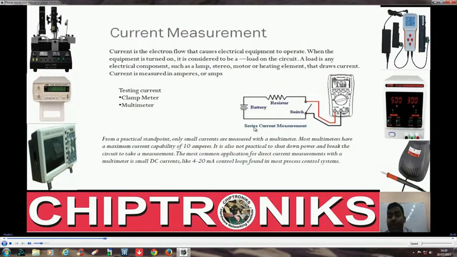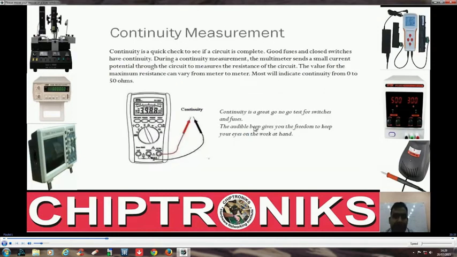In that case we use an oscilloscope. We use an oscilloscope to test the various signals, and I will have an extra class on how to use an oscilloscope, and what things we really test and observe in it. All right, so let's go to the next slide, and the next slide is continuity measurement.